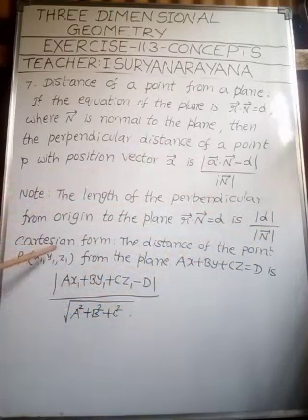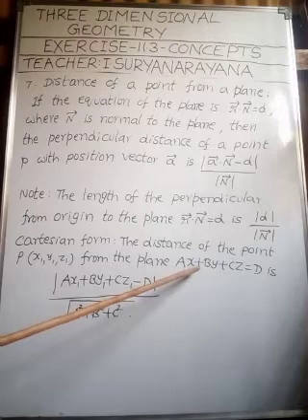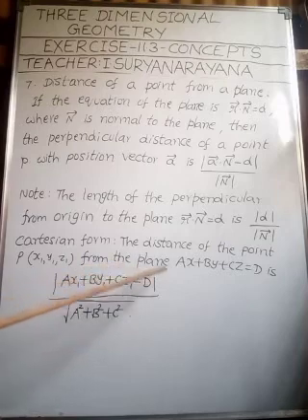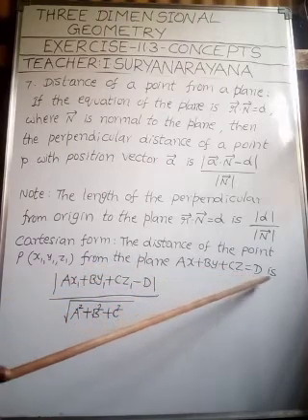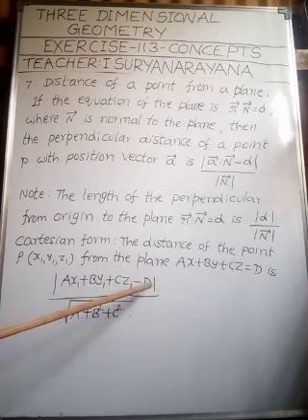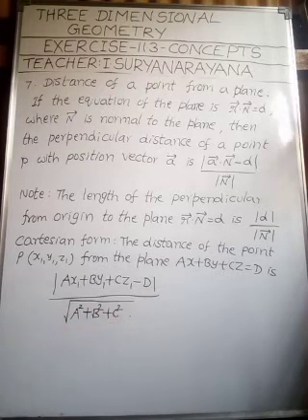Suppose the equation of the plane is given in the Cartesian form, then the distance of the point P (x1, y1, z1) from the plane ax plus by plus cz is equal to d is modulus of (ax1 plus by1 plus cz1 minus d) divided by square root of (a square plus b square plus c square). Okay, my children, remember and memorize these points as formulas. These are very useful points to solve the sums in exercise 11.3. Okay, my children. Right.